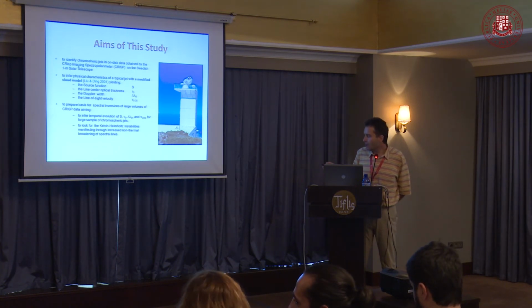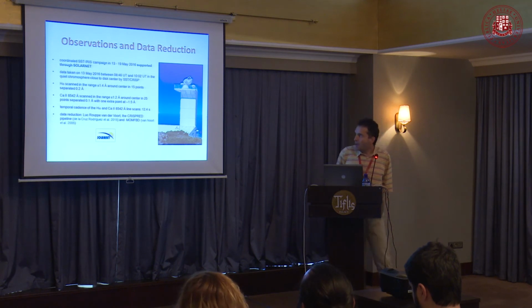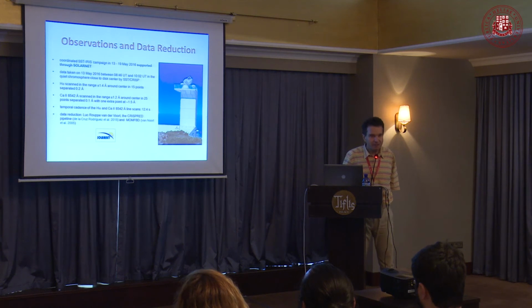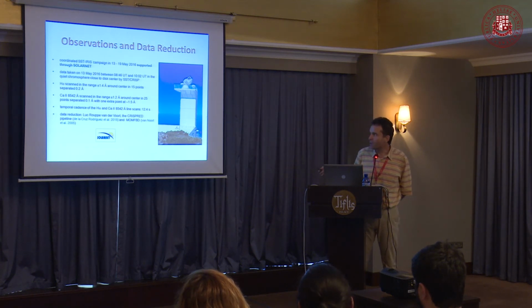So we organized a coordinated IRIS SST campaign, which was performed in the spring of the previous year. It was generously supported through the SOLARNET campaign. I would say that without this support, these observations wouldn't have happened.